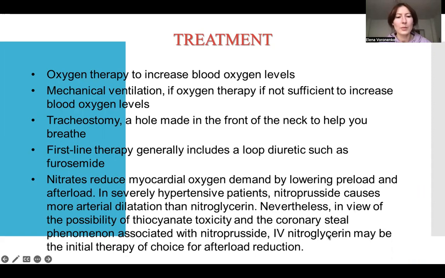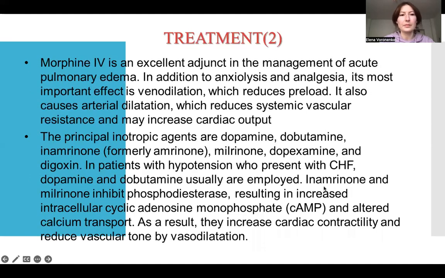Nevertheless, in view of the possibility of cyanide toxicity and the coronary steal phenomenon associated with nitroprusside, nitroglycerin may be the initial therapy of choice for afterload reduction.